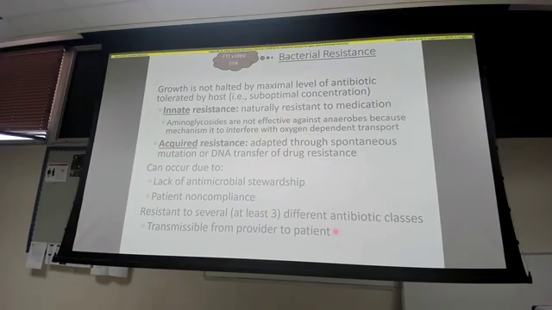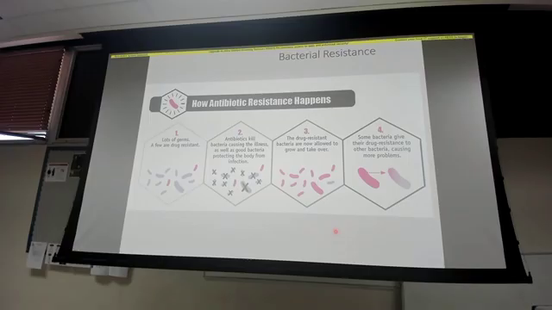Because those bugs are smart. Our drugs, we're trying to catch up. This is just a picture showing you how you can initially have a few bugs that are resistant to our drug, and then over time, as they do their resistance mechanism and they transfer that DNA to their friends, the other bugs, then you can see where you have more drug resistance, and now that drug is not likely to overcome that resistance.